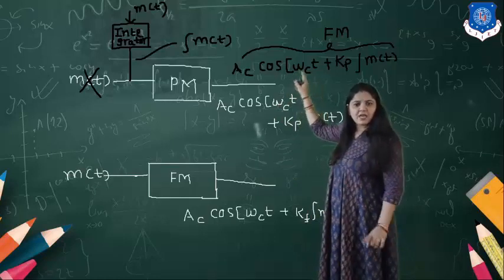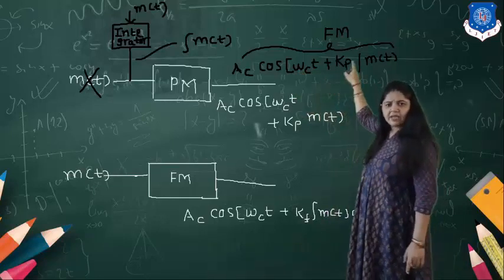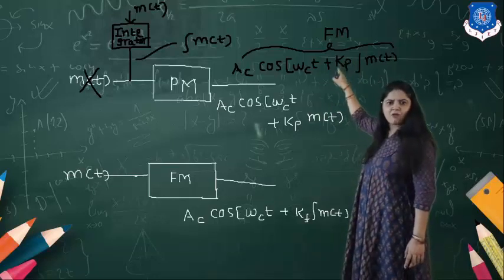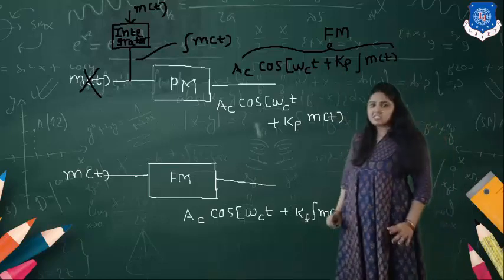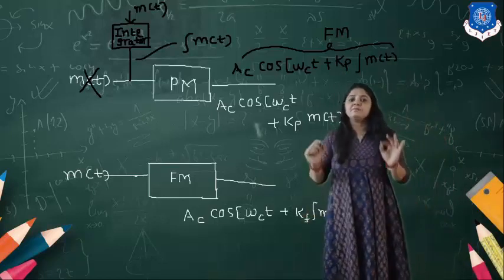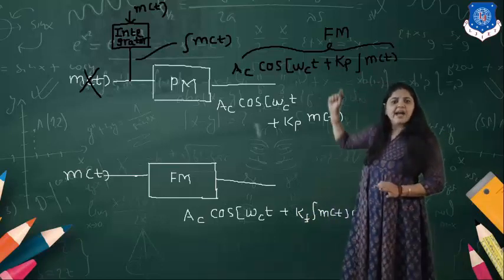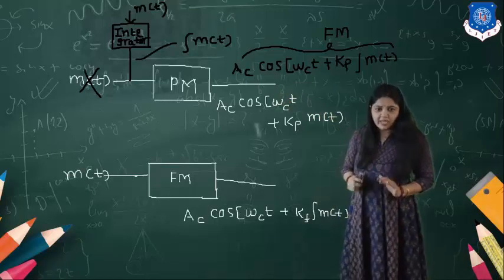It's Ac cos(ωct + kp ∫m(t) dt). Now you can see that this output is similar to this. So we can say that this is the block diagram for generating the FM wave using the phase modulator.